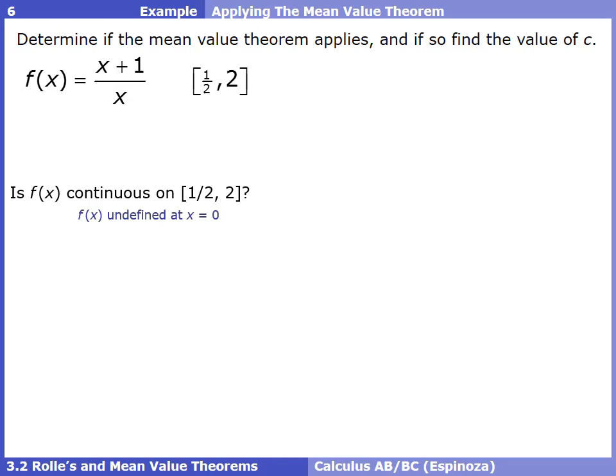So we know this function is undefined if x was equal to 0. We can't divide by 0, so our function would be undefined if x was 0. But unlike that last example I went over, 0 is not in our window. So we can actually say yes, f of x is continuous, but only because our window doesn't include where it's undefined.